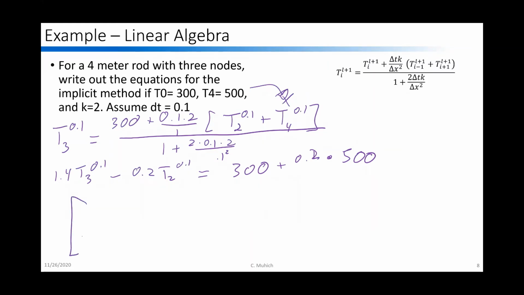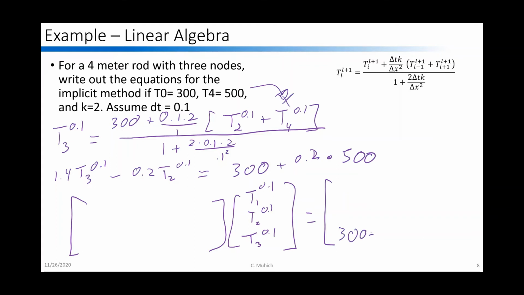So remember, we want to get these all well aligned. So here's our T1 at 0.1, T2 at 0.1, T3 at 0.1, and then this equals everything that we had on those previous two slides, which was 300 plus 0.2 times 500.